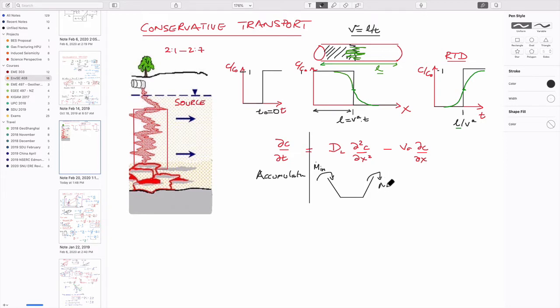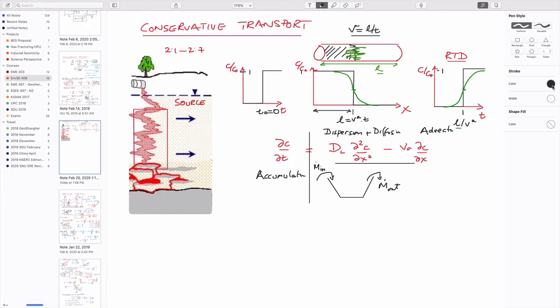And so that's this term here, or both of these terms actually, these two. But this is due to dispersion plus molecular diffusion. And this final term is advection.